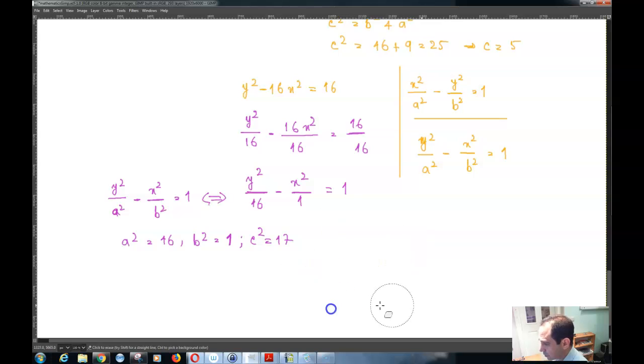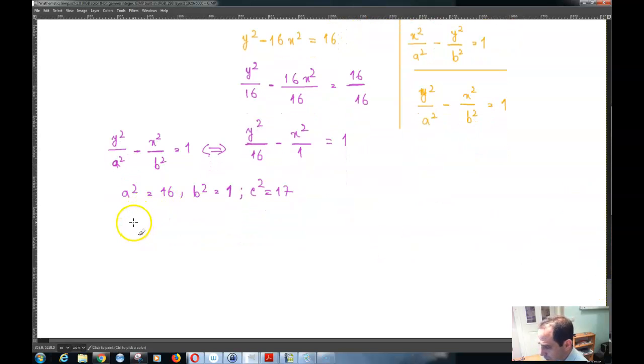Now let's go for the coordinates of the foci. The coordinates of the foci are at a distance c away from the center. That means that F1 would be negative c comma 0.